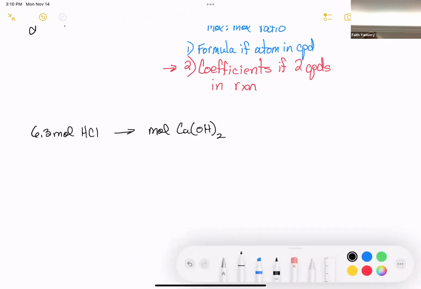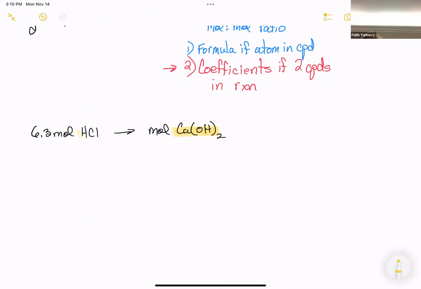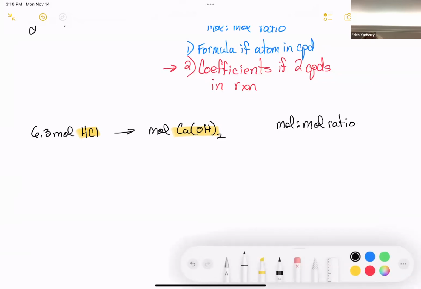Just like before, because I see that I am dealing with two different substances, it is that piece that tells me I'm going to be using the mole to mole ratio as a conversion factor.